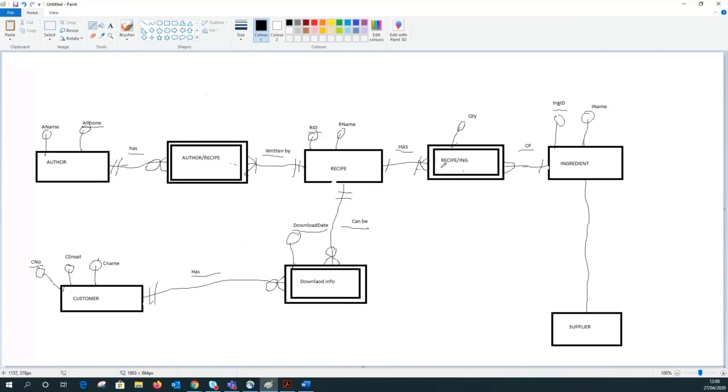But if there is one ingredient in a recipe ingredient, it must belong to one recipe, right? And the same as here. But in this case, if there's one ingredient, that ingredient may or may not belong to recipe ingredients. But if there is a recipe ingredient, it must belong to one ingredient, right?